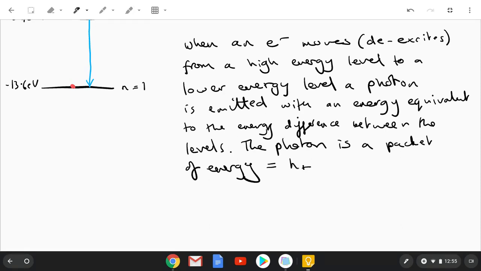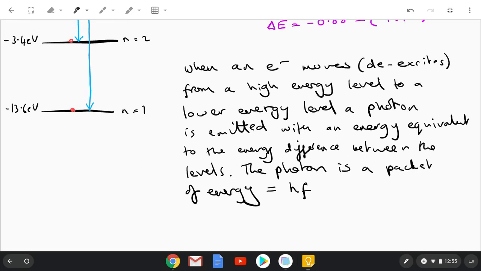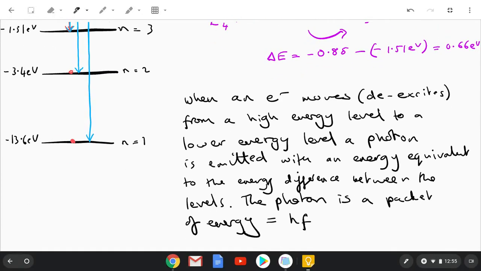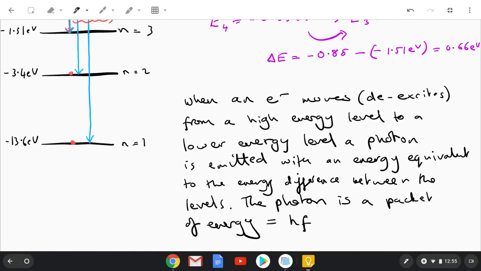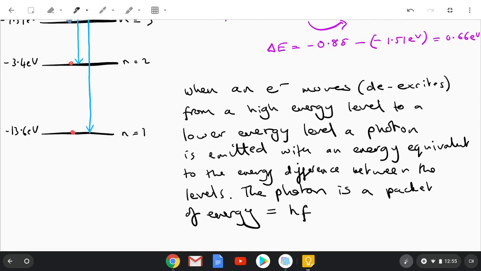Okay, so we know that the energy that the photon has is E equals hf. Okay, so we know what frequency the photon has when it moves from n equals 4 to n equals 3.